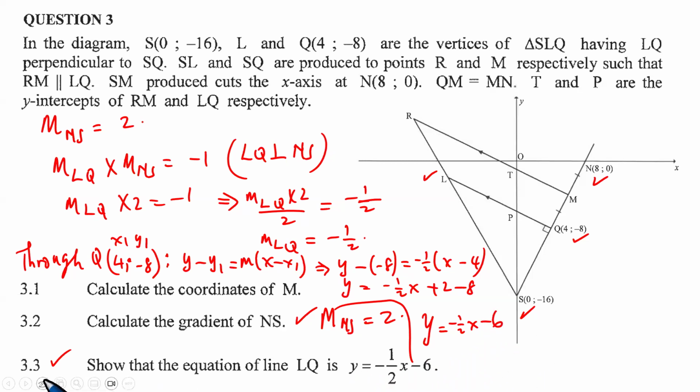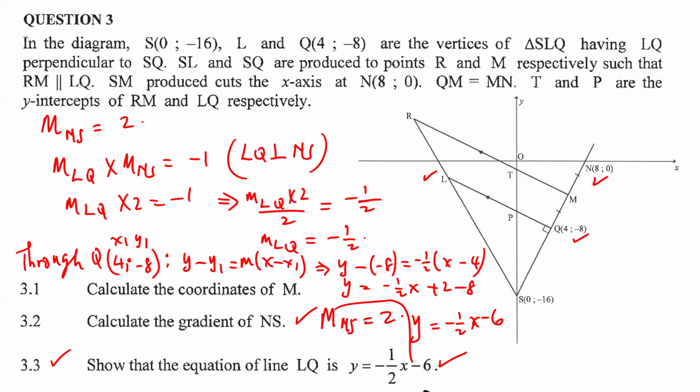You can write that clearly: y is equal to minus 1/2 x minus 6. This is the equation of the line LQ.